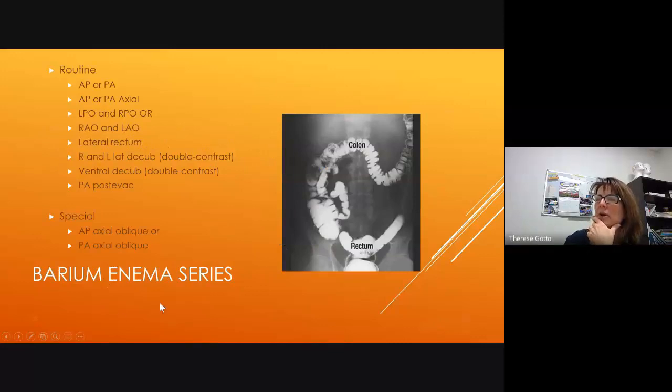A barium enema series usually consists of an AP or a PA, an AP or PA axial, an LPO and an RPO, or if we're doing PA, an RAO and an LAO. A lateral rectum, right and left lateral decubituses if you've done double contrast, a ventral decubitus if you've done double, and the post-evac film.